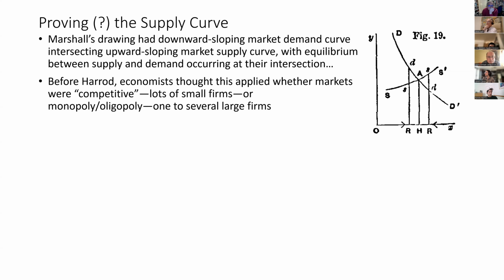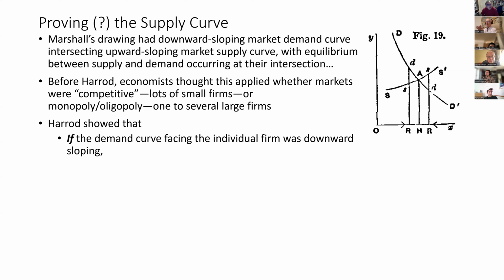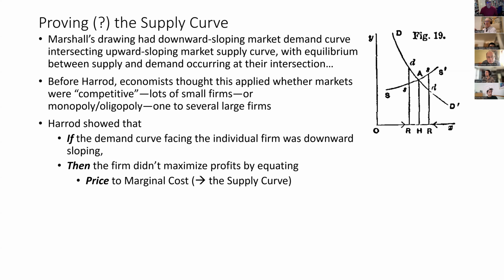That's the H there. And before Harrod made this point, economists weren't fully conscious of how essential the assumption of perfect competition was. Because Harrod showed that if the demand curve was downward sloping, then the firm didn't maximize profits by equating price to marginal cost, and that's what the supply curve is, but by equating marginal revenue to marginal cost.